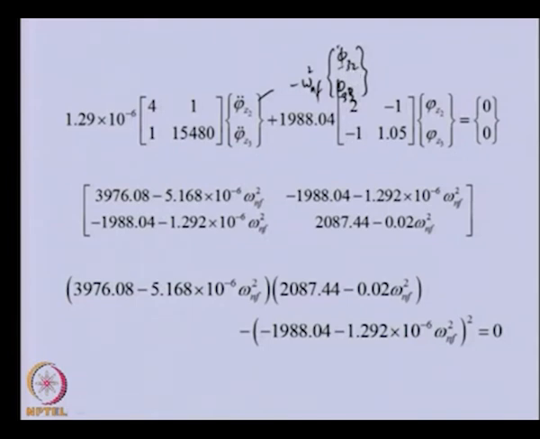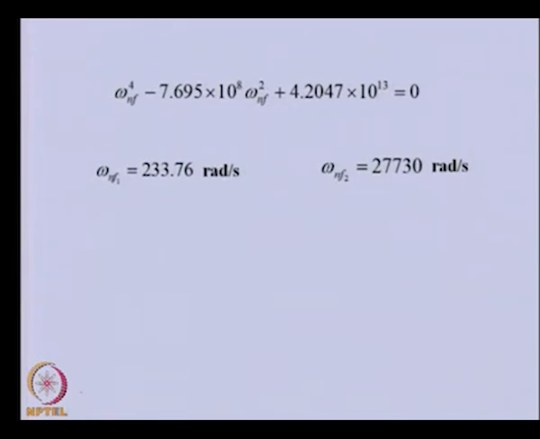As we did earlier, we need the determinant of this term to be 0 for a non-trivial solution, and this will give us a polynomial in terms of omega square. If we solve this polynomial, we will get the 2 natural frequencies of the system.